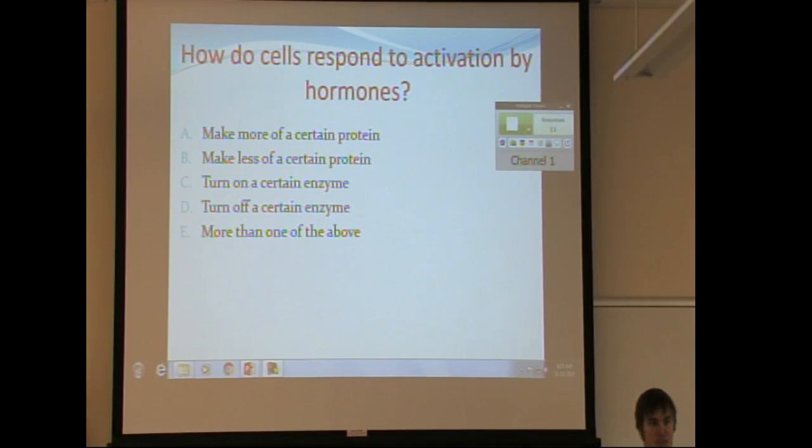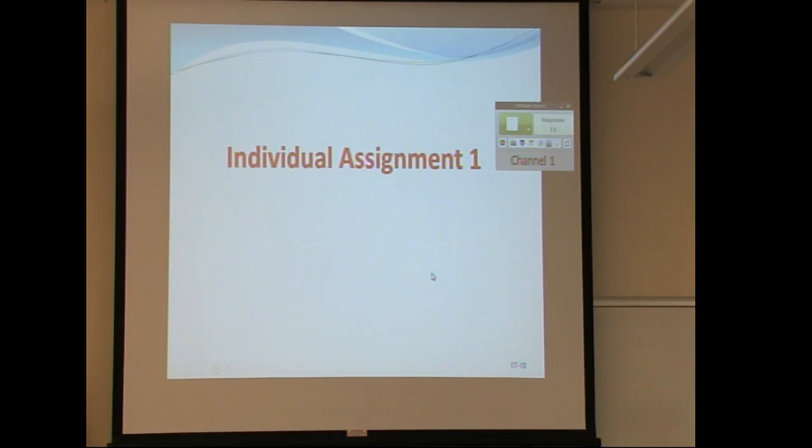Make less, turn off enzymes. So it could be either way. Or maybe it's telling the cell to turn on some enzymes and turn off some enzymes. So basically it could be anything. Trick question. I said both of these things not too long ago. I know, but I was just thinking only two of them.